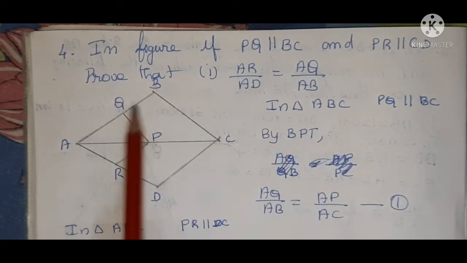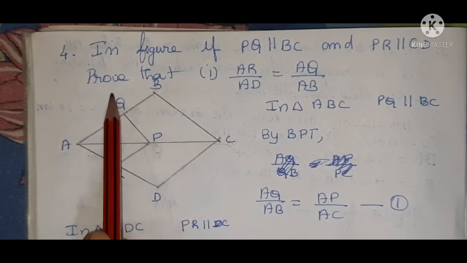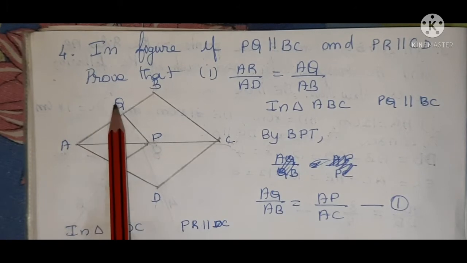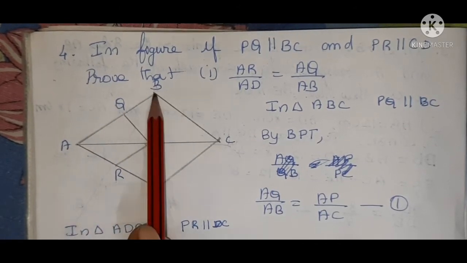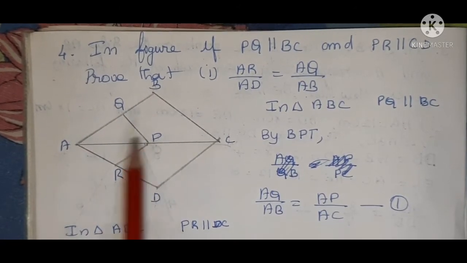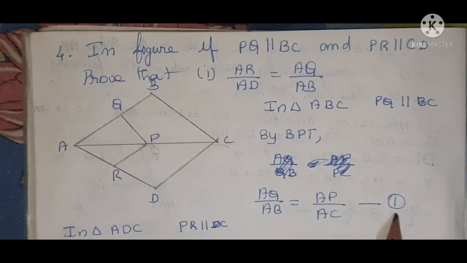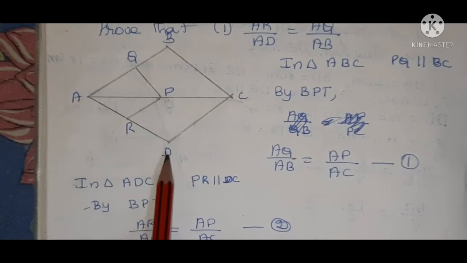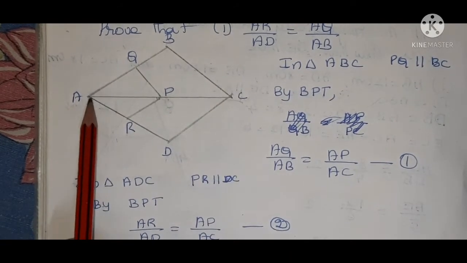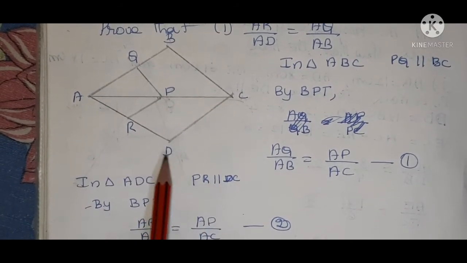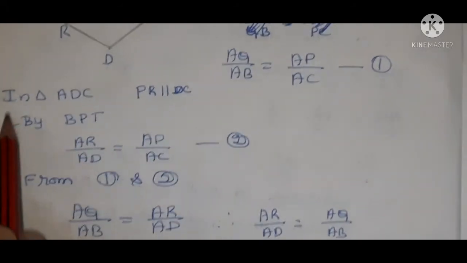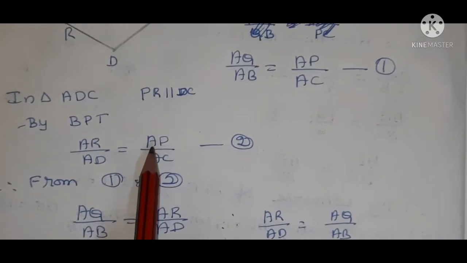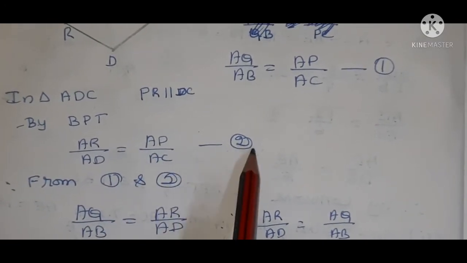In triangle ABC, PQ is parallel to BC. By BPT, AQ by AB is equal to AP by AC, taken as 1. In triangle ADC, PR is parallel to DC. By BPT, AR by AD is equal to AP by AC, taken as 2.